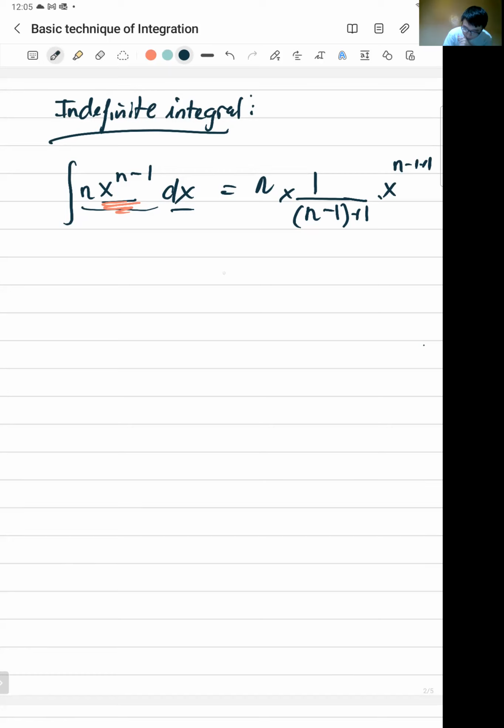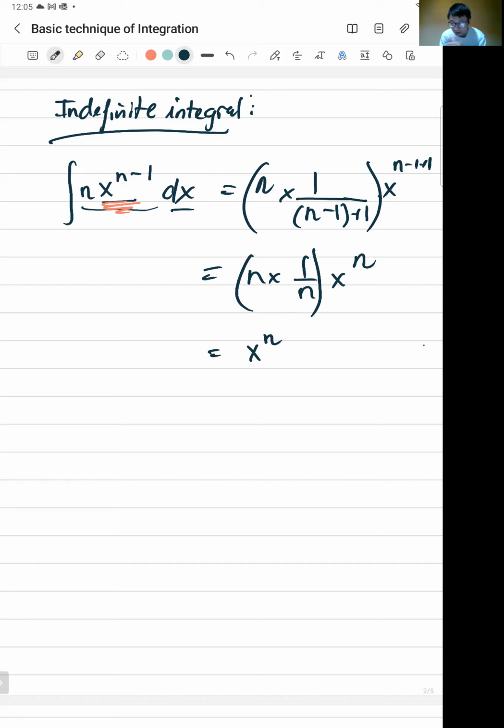Okay, so in the end, let's write everything again so that we can see it clearly. Now we see that this one can cancel out, so x to the power of n. And of course, from here, I have to add c.